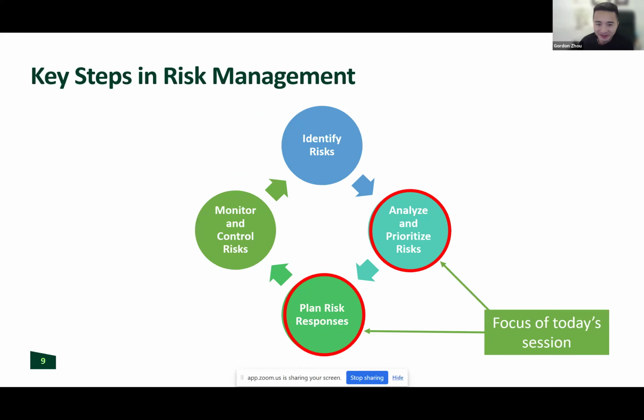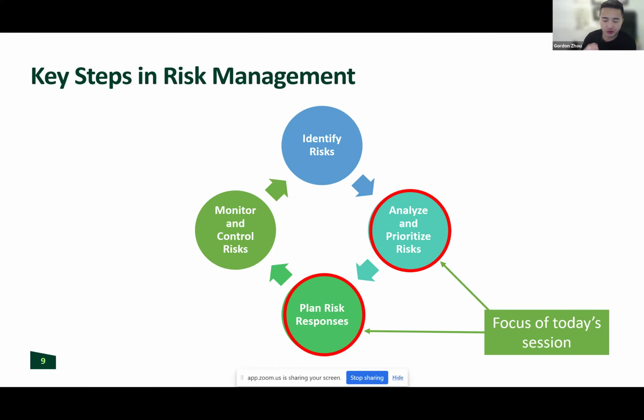So in my lecture or in my session before, we talked about really four steps that are cyclical, right? It is something that you do, and it goes around, right? It is a never-ending loop.